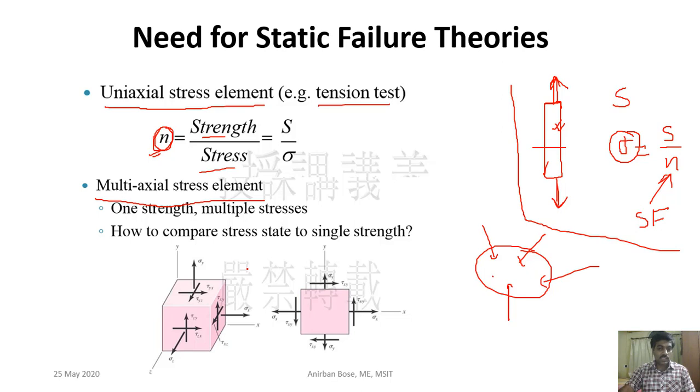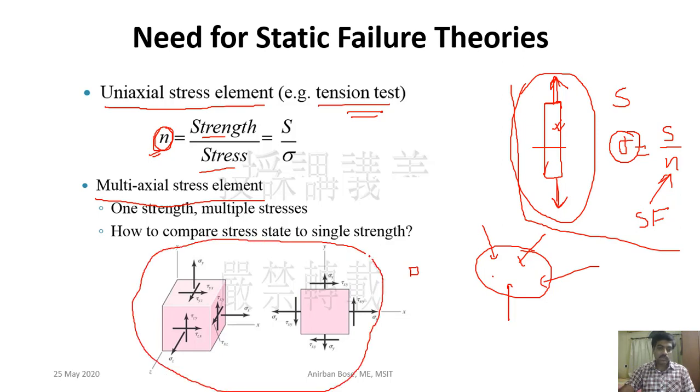Now the question is, if the stress is a general state of stress, then how can you compare that general state of stress with the uniaxial data that we get from a tension test? Because we have already said the whole idea of the failure theories is to somehow compare the general stress that develops because of the general loading with only the tensile test data that we are getting, like SY in case of a ductile material, S ultimate in case of a brittle material.